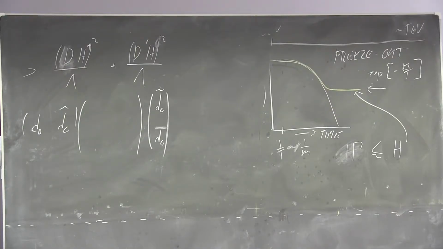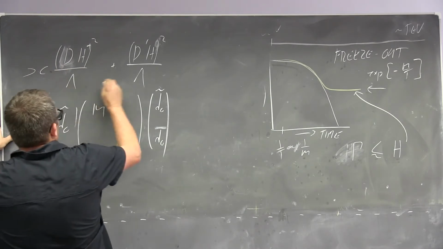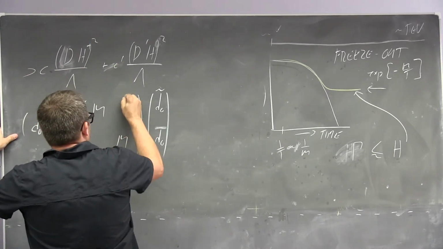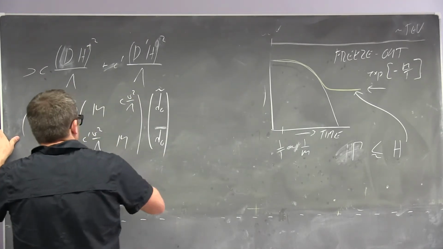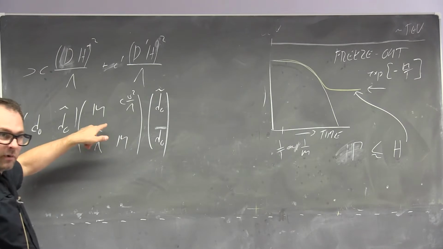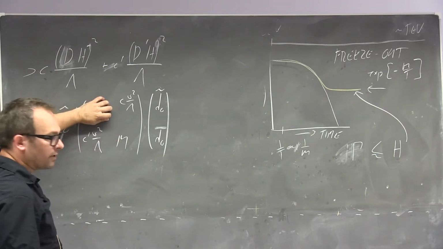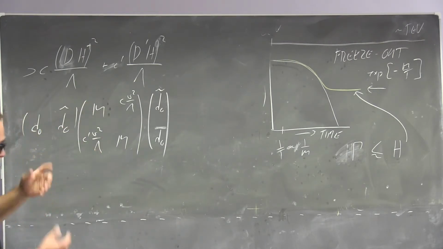If I do it that way, then you can see that this vector-like mass here, let's call it big M, goes into the diagonal parts, and then whatever these coefficients are, let's call them C and C prime, I get C v squared over lambda, C prime v squared over lambda. And I may have mixed up where the prime goes, but it doesn't matter. This is not the seesaw formula, by the way. The seesaw formula would not have had a term here, and that's what caused one heavy eigenstate, one light eigenstate. This has it in both components.